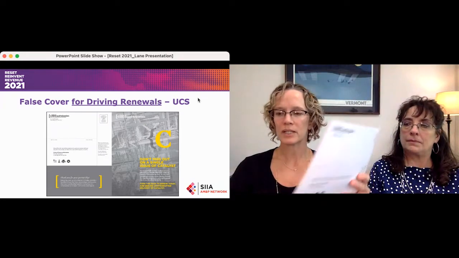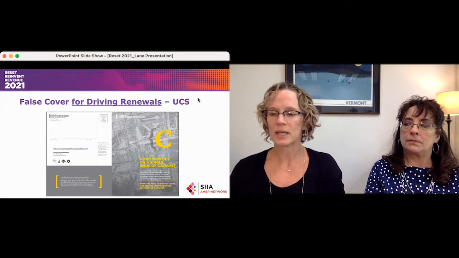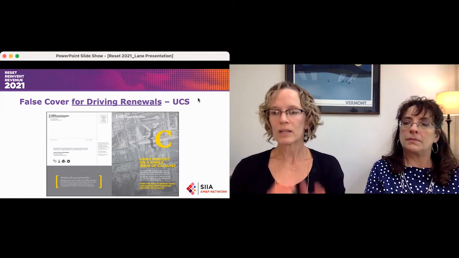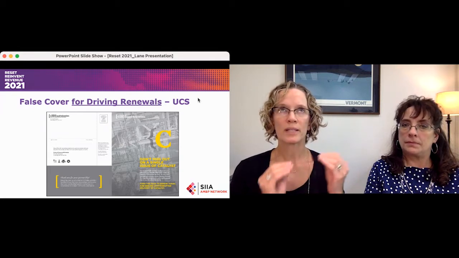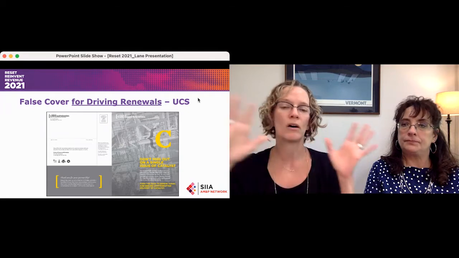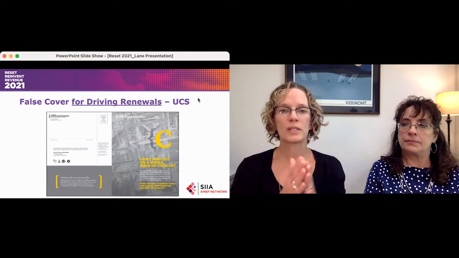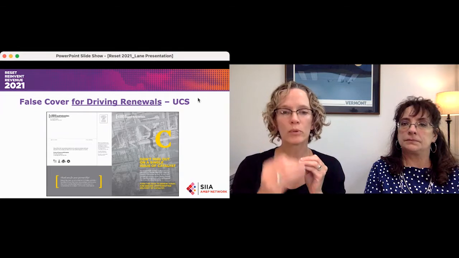This particular organization, which is the Union of Concerned Scientists, uses this to drive membership renewals. So whereas NALA might have sent that membership promotion belly band to all of their list, UCS would send this particular, hey, this is your last issue, it's time for you to renew, to the portion of their list that is expiring.